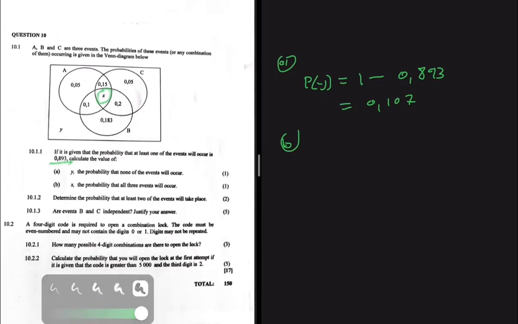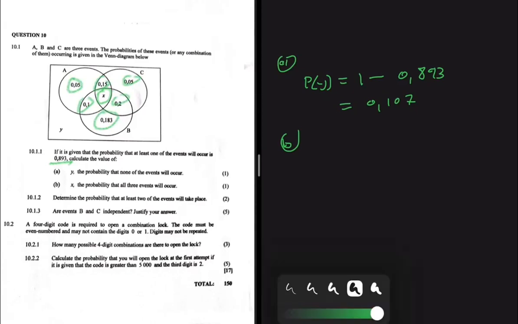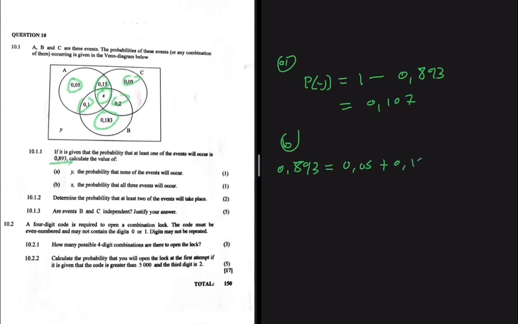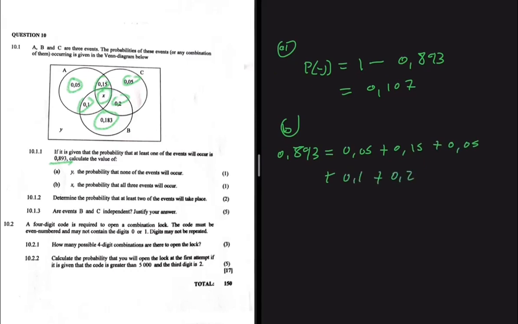So all these probabilities that we see here should be equal to 0.893, right? So we're going to get 0.893 being equal to 0.05 plus 0.15 plus 0.05 plus again 0.1, 0.2, and 0.183 plus x. So now we're just solving for x, the probability that all 3 events occur.